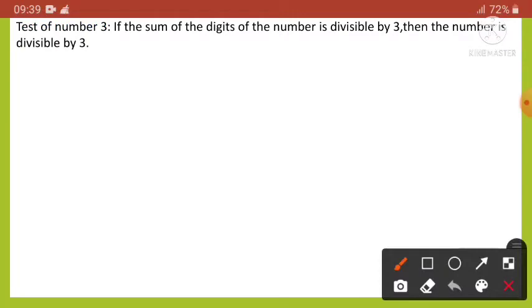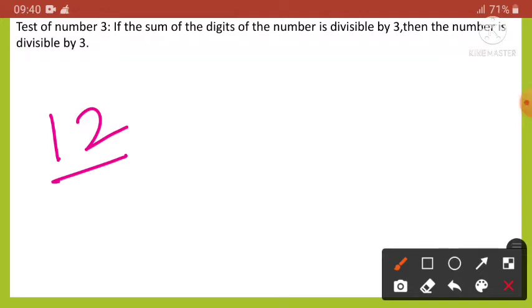Next one is the divisibility test of the number 3. If the sum of the digits of the number is divisible by 3, then the number is divisible by 3. It is the rule. Let's take a simple example. Suppose I am taking 12. Is it divisible by 3?